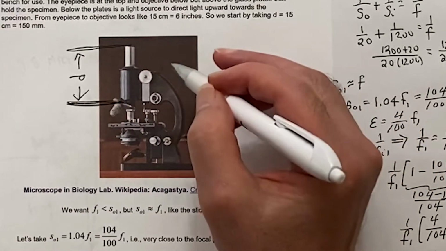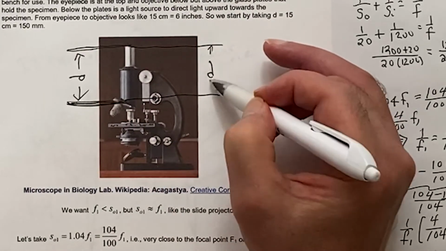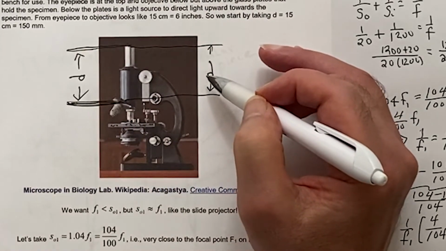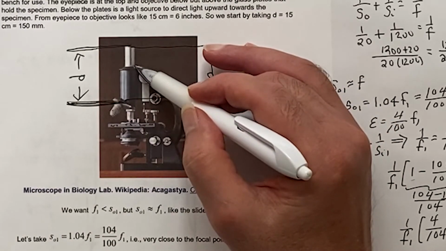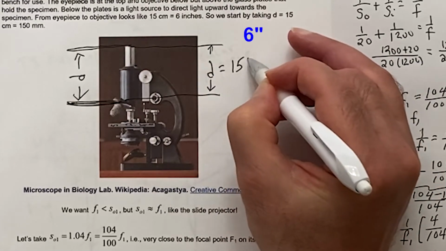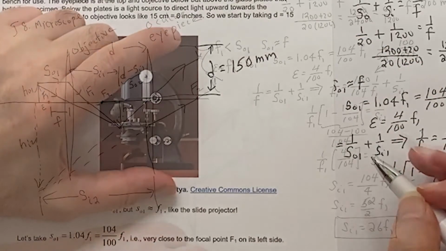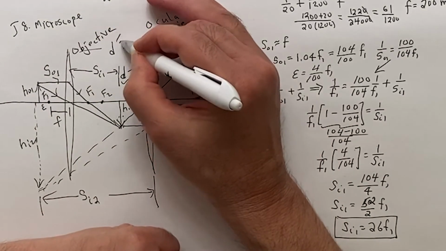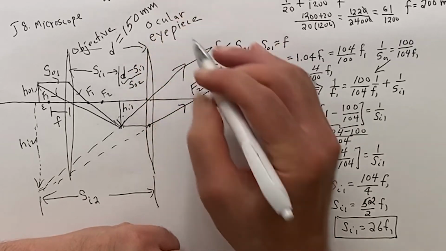So here to here is D. I'm thinking 150 millimeters. I'm just going to pick one that seems fine within the ballpark. The D to be 150 millimeters, 15 centimeters.